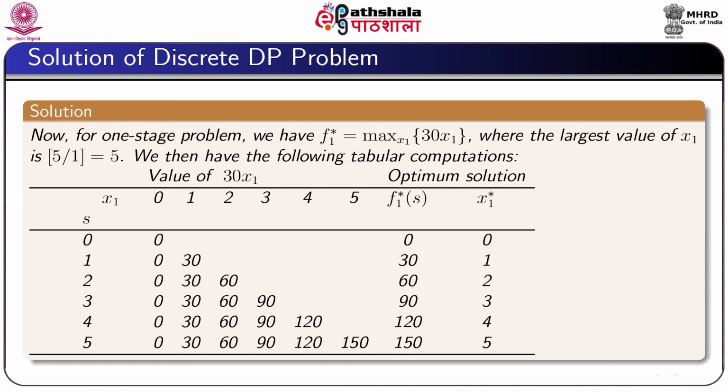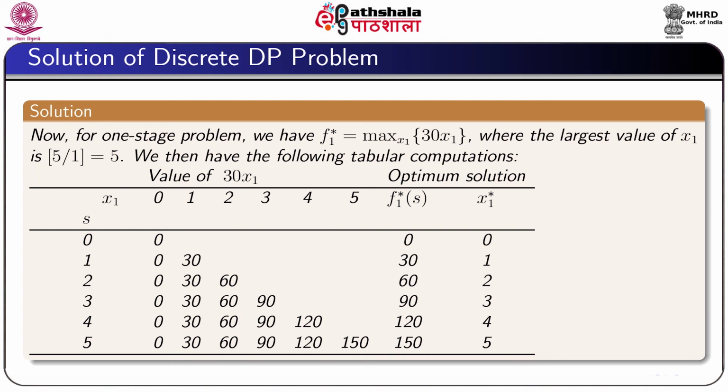Now, for the one stage problem, we have f1 star equal to maximum of 30 x1, where the largest value of x1 is 5. We have the following tabular computations. s can take the values 0, 1, 2, 3, 4, 5, and x1 also can take the values 0, 1, 2, 3, 4 and 5.